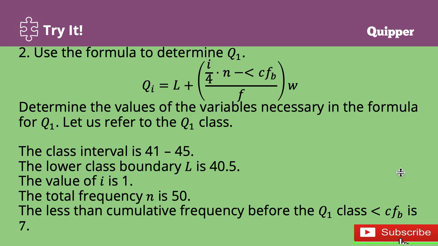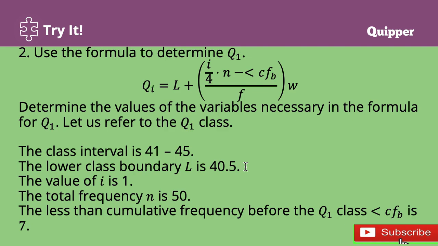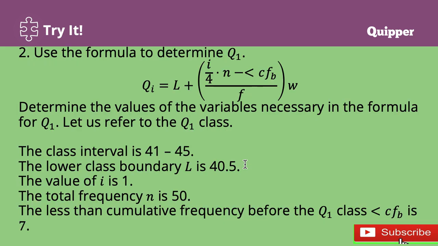Second, of course, we will now use the formula to find Q sub 1. We need to have the necessary values for this formula. The class interval is 41 to 45. Now, the lower class boundary, or L, is 40.5. Just subtract 0.5 from the lower limit, which is 41, to get the lower boundary.